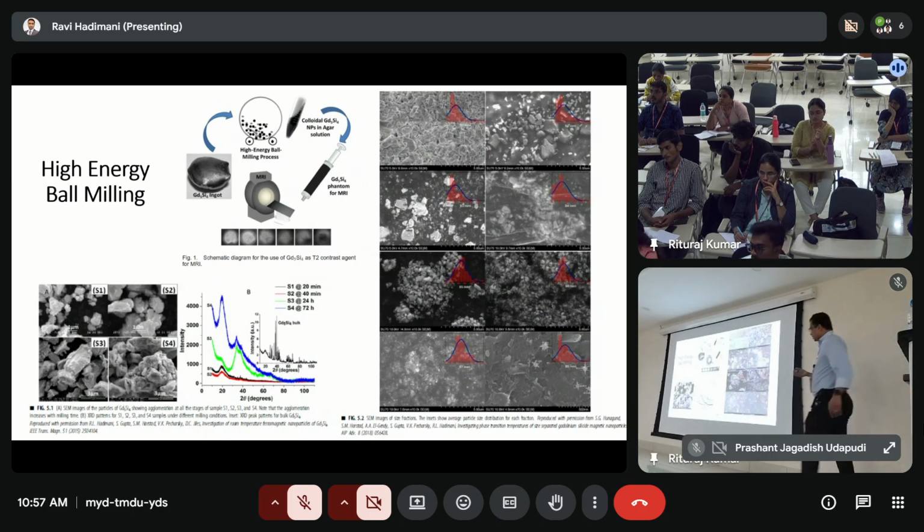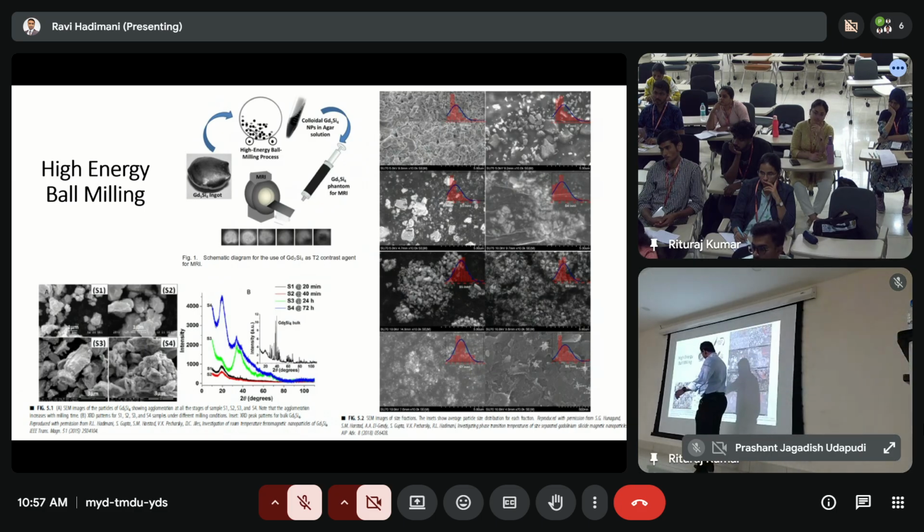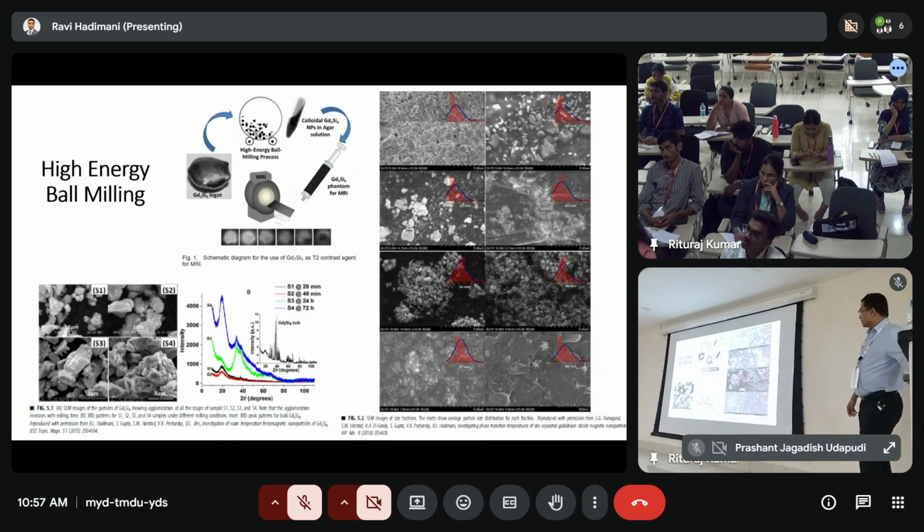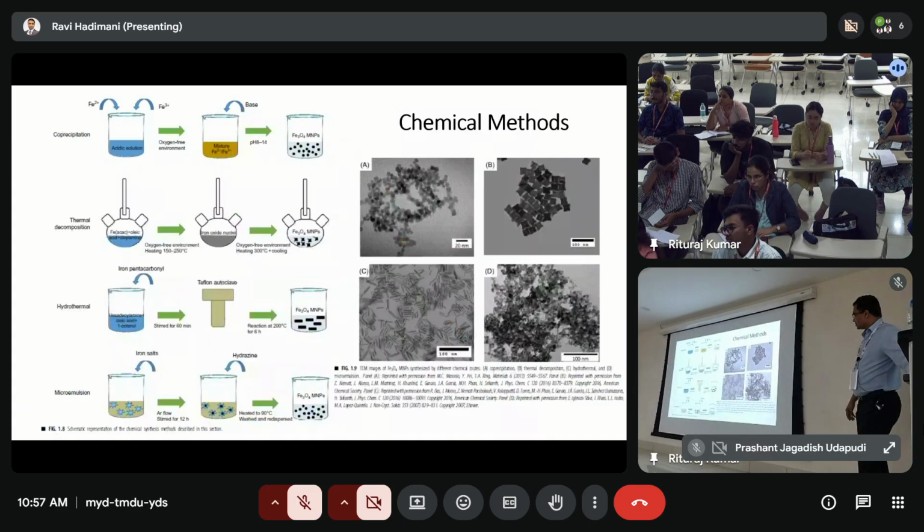So we still had a lot of amorphous particles, but we also had a large amount of crystalline particles. And then you use some size separation technique and get monodispersed nanoparticles within certain sizes. And here is the SEM image of the nanoparticles.